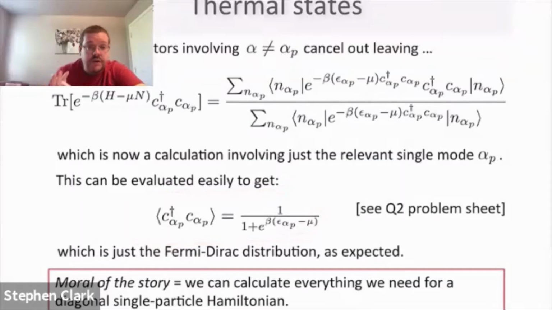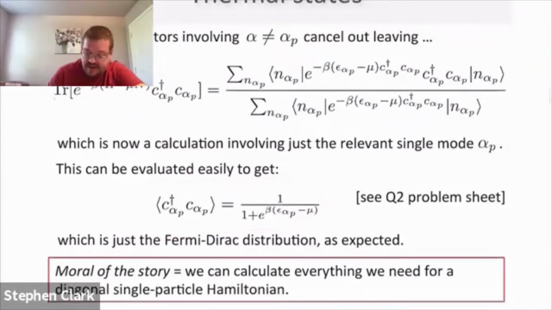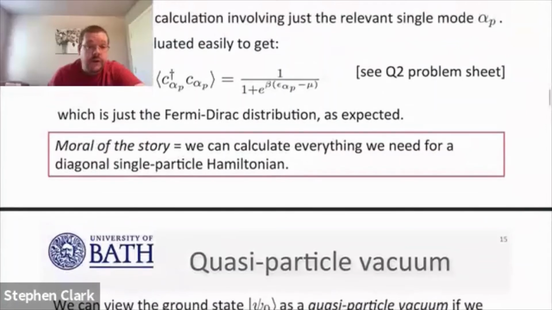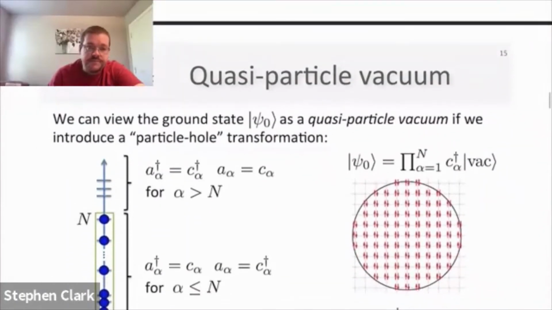It's simple to do for non-interacting particles because all of the parts of the Hamiltonian commute with each other. It makes the calculation extremely trivial. That does not work for interacting systems, unfortunately. Okay, so the moral of the story is we've got a diagonal Hamiltonian, we're in business. We can do everything we want. We can do finite temperature and zero temperature calculations.